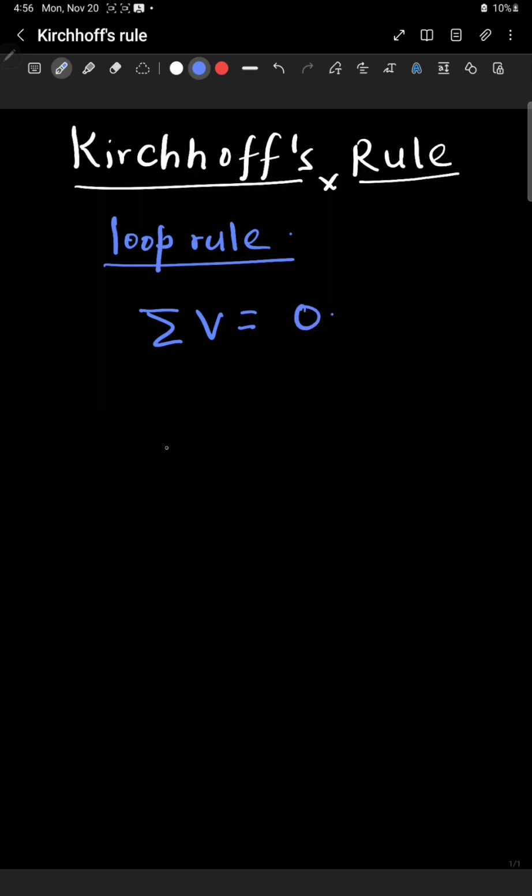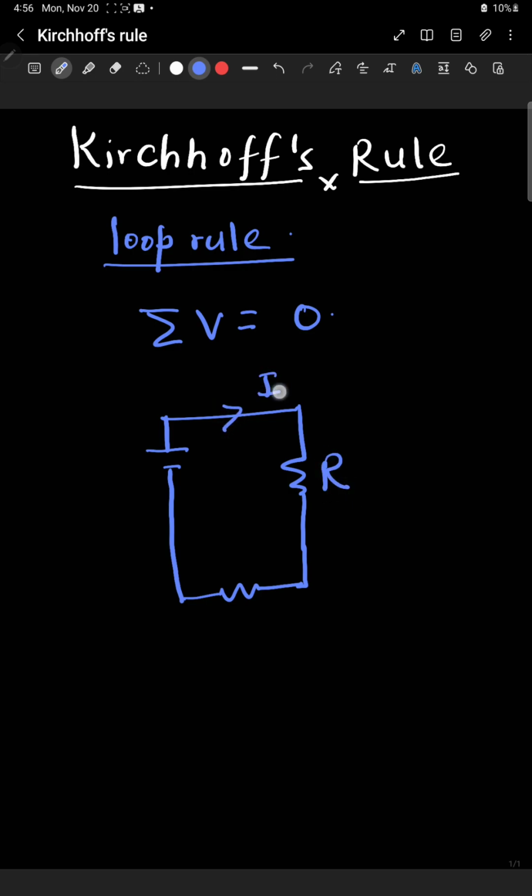Let's say we have an electric circuit, something like this. Let me put another resistance right here, and the current is I, and the EMF of this cell is E. The resistance here is R1, and the resistance of this one is R2.